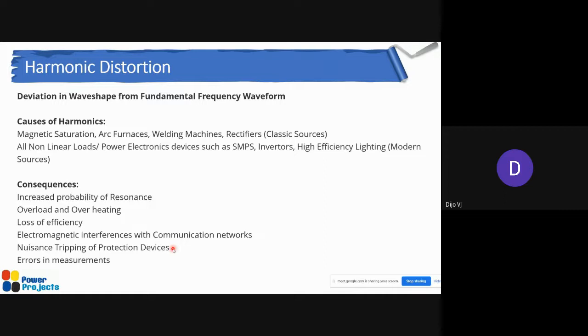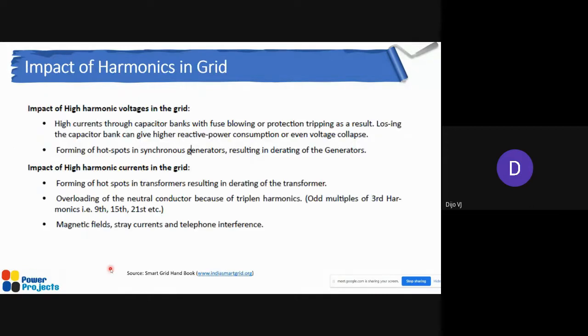So some protection device can maloperate, because it will consider that as an earth fault current if the current is flowing to the neutral of the transformer or the generator. The protection system may get confused, and it may issue a trip command. Errors in measurement also can be caused by harmonics.